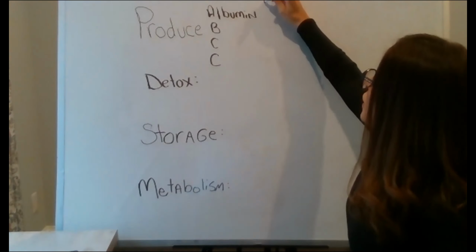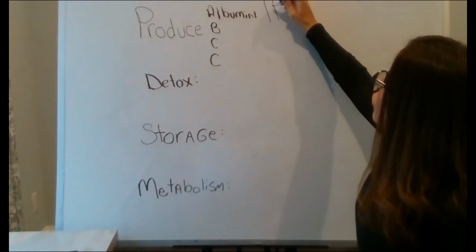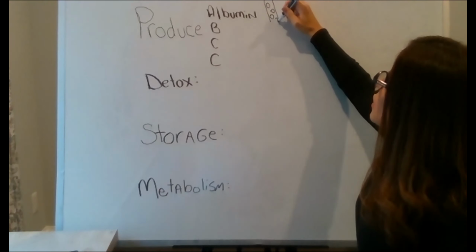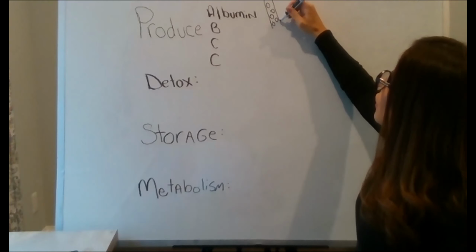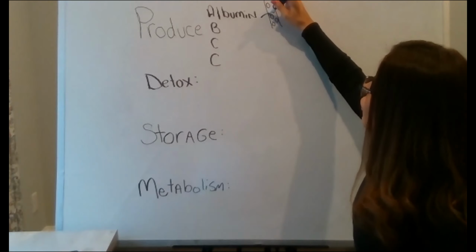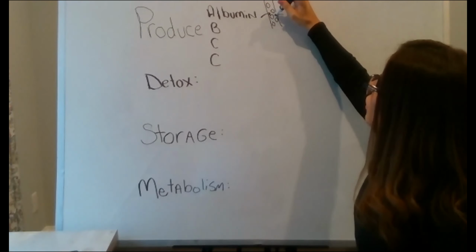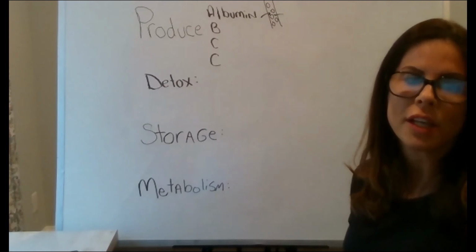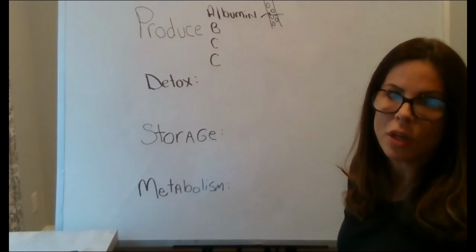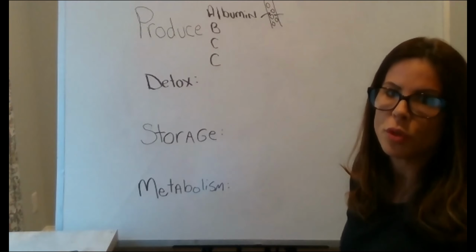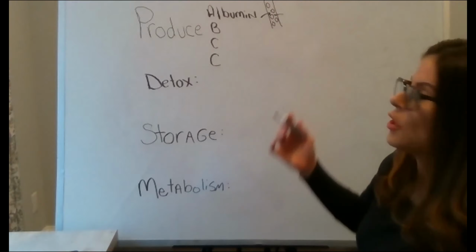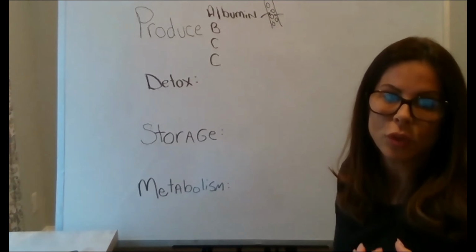We know that albumin is a big intravascular plasma protein that helps bring our fluid into the intravascular compartment so that it can stay with the fluid in it where it belongs. So the liver produces albumin, and albumin is a good intravascular fluid magnet. It's a fluid magnet in general.